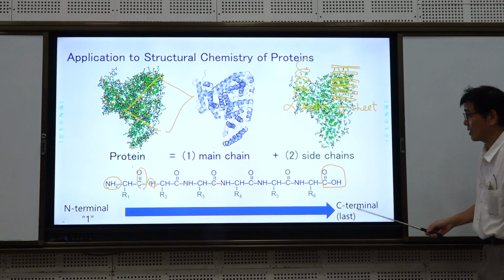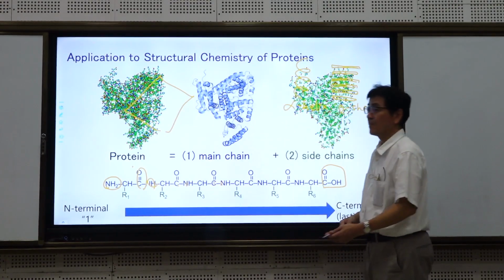This is the C terminal, carbon terminal, nitrogen terminal.